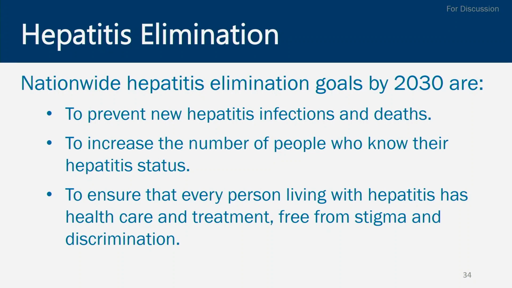So the CDC has released several goals to eliminate viral hepatitis in the United States by 2030. These goals are to prevent new hepatitis infections and deaths, to increase the number of people who know their hepatitis status, and to ensure that every person living with hepatitis has healthcare and treatment free from stigma and discrimination.